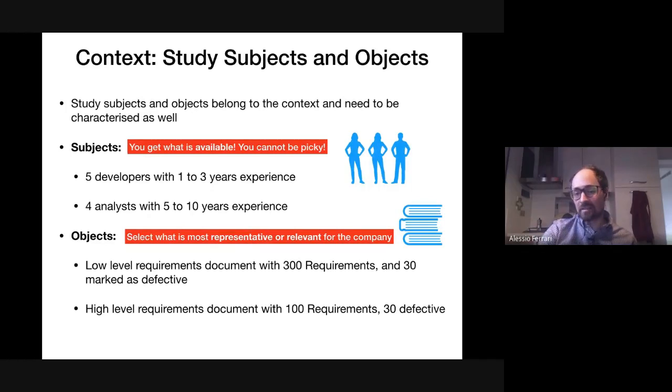Also in this case, this data set is highly unbalanced, because low level requirements have fewer defects in percentage. Okay, you need to discuss this aspect, because these are limited data points that you are considering, and that highly impact your actual study.